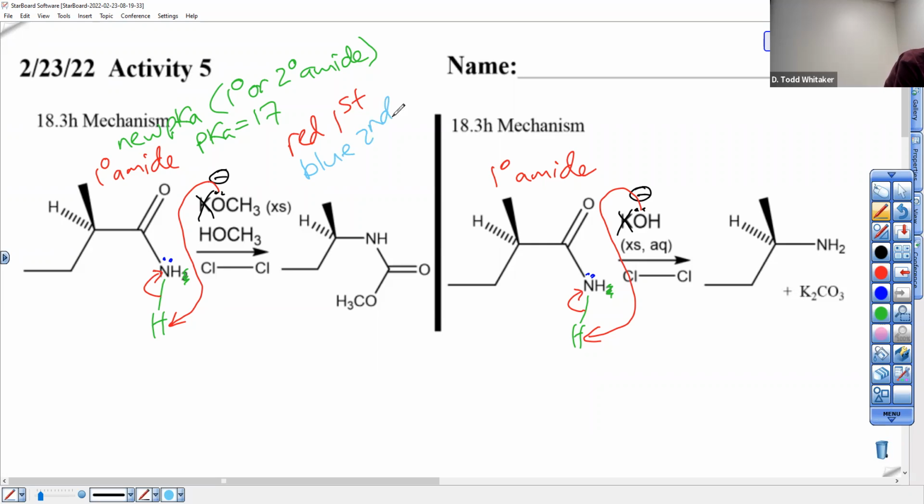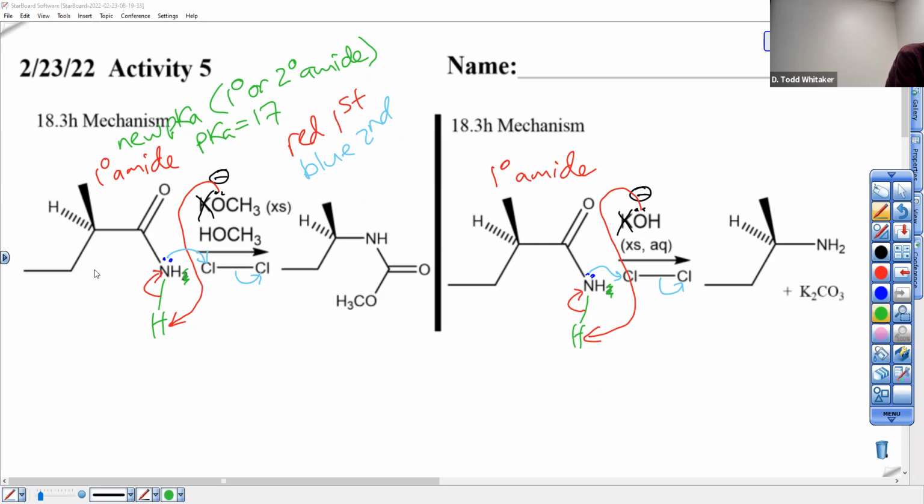And baby blue is going to cross over and attack the very reactive electrophile chlorine. So you've dumped a chlorine onto the nitrogen.